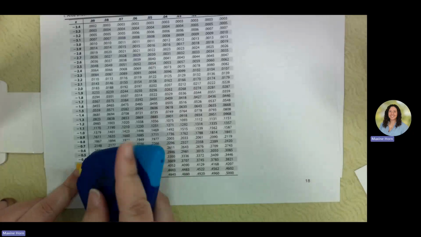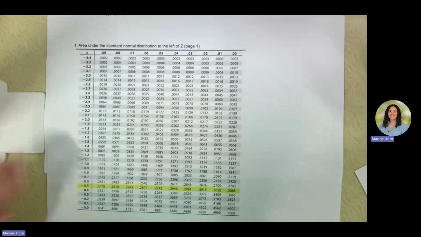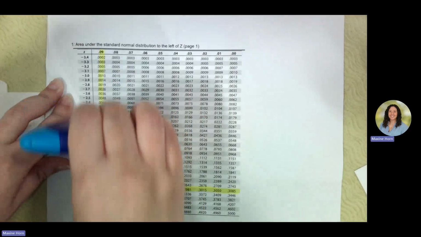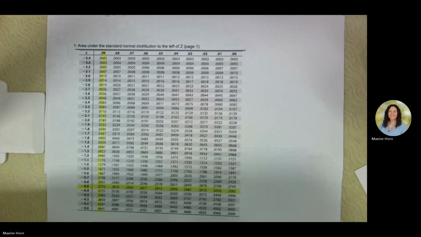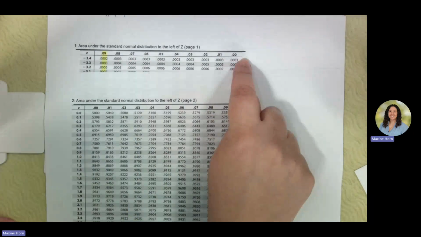Okay, so I'm going to move this up here. Negative 0.5 and 0.09. Now, you may have noticed that on the positive chart, it goes sort of 0 to 9, whereas here it goes 9 to 0.